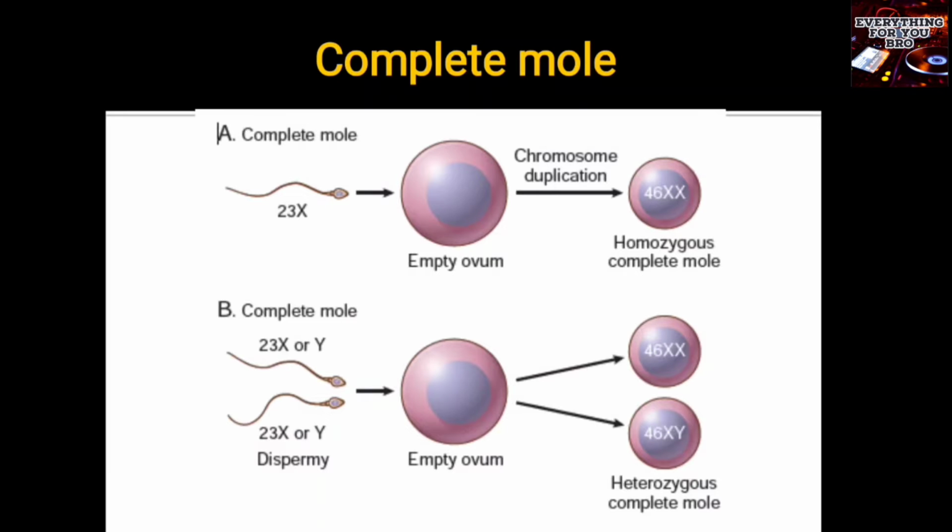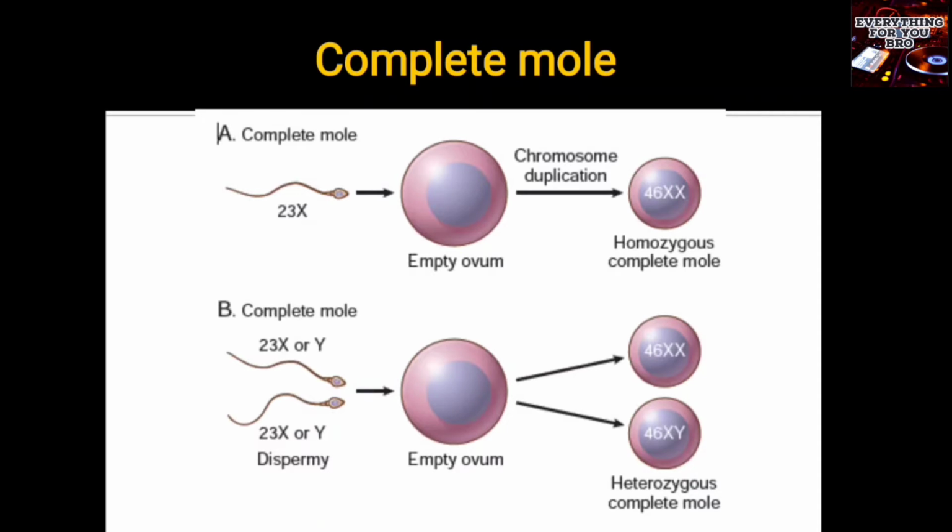Whenever an empty ovum is fertilized by a single sperm with a haploid type of chromosomes, that is 23X or 23Y, or an empty ovum is fertilized by two haploid sperms, that is called dispermy, it can give rise to a complete mole.